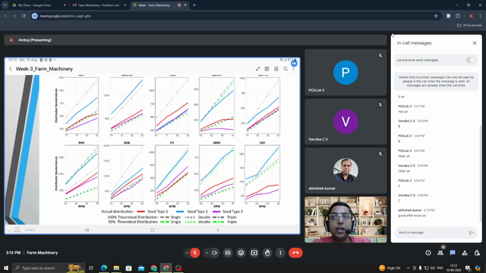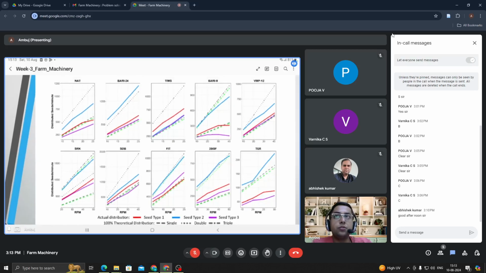From these plots for different types of mechanisms, like NAT, BARI 24, TIMS, BARI 9, which are all seed metering mechanisms, I have calculated how my distributed seeds per minute vary with my RPM.